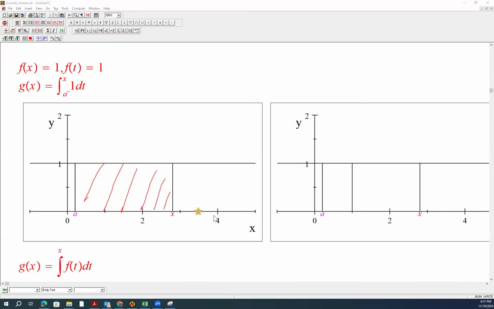If x is shifted here, then the area underneath the curve will be more, right? So what this means is that g of x is a function that is dependent on x. All right, so I'm going to write it down.